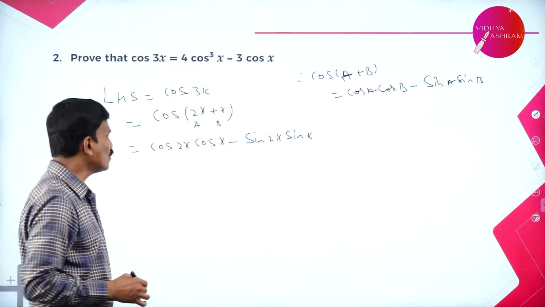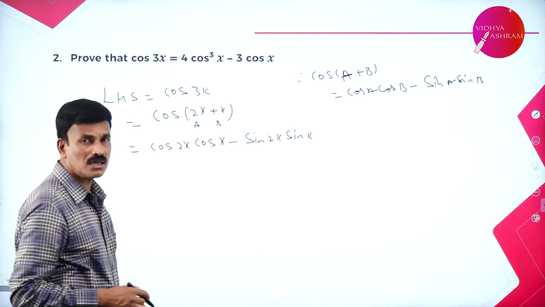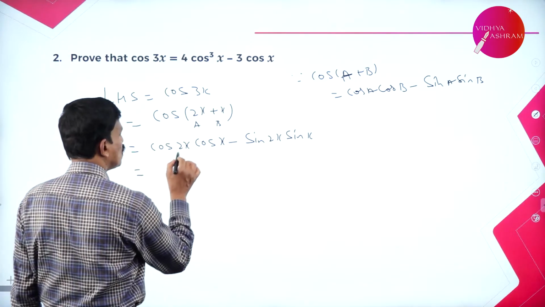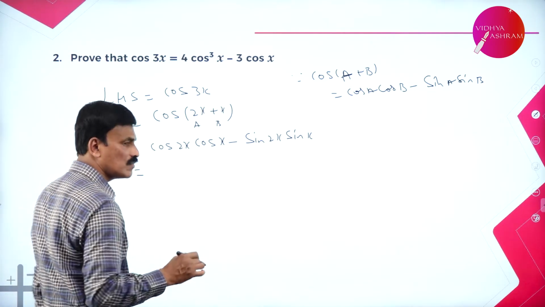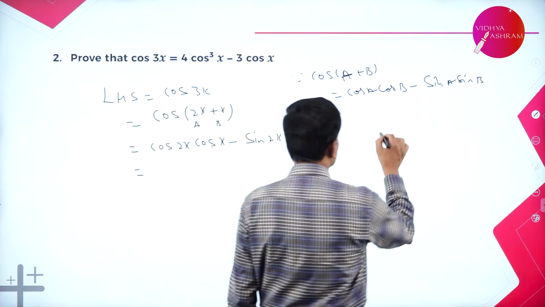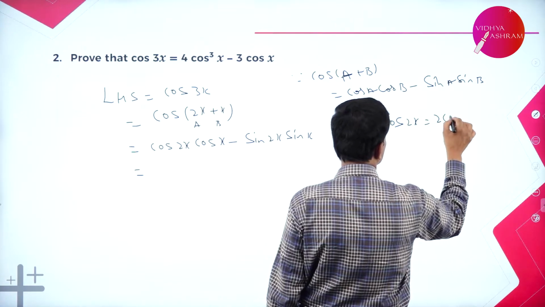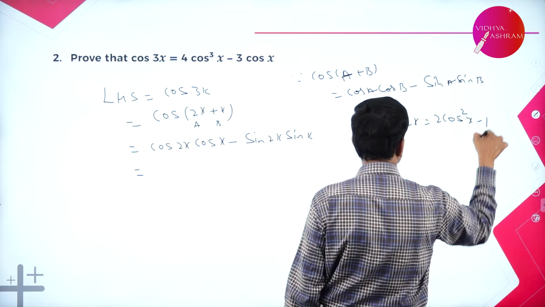That's it. Now, since the answer is in terms of cos, just keep this cos 2x as it is. There is one formula for cos 2x. We know that cos 2x in terms of cos is 2 cos square x minus 1.